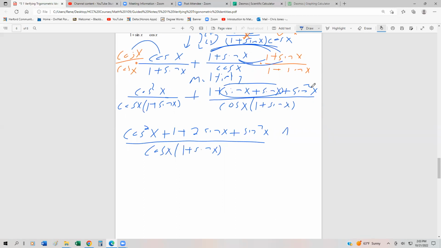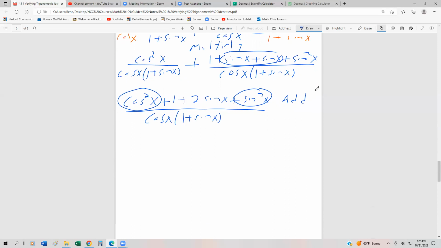Okay, so that's just by adding. Notice that we have a sine square and a cos square, and they're both positive. So that just turns into 1, right? So we have 1 plus 1 plus 2 sine of x divided by cos x 1 plus sine x. Okay, so that's just by Pythagorean identity.